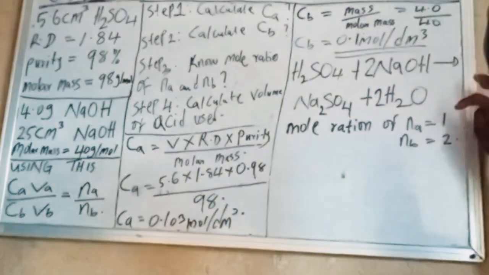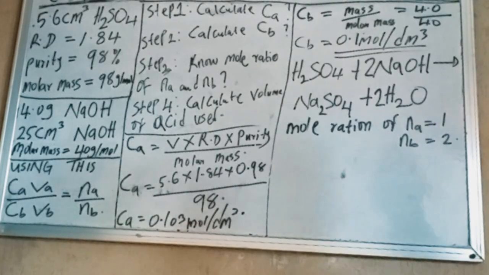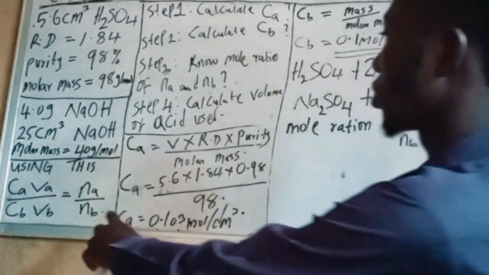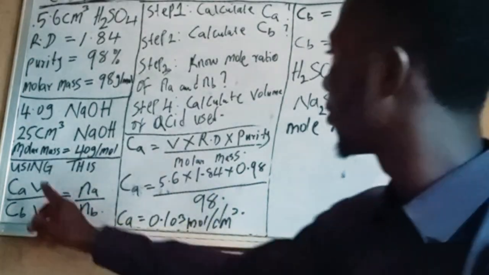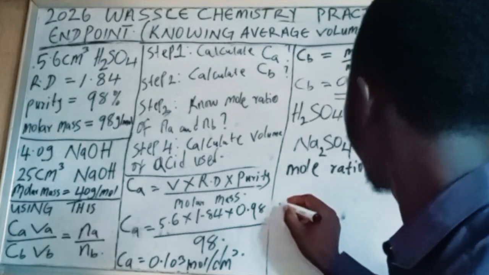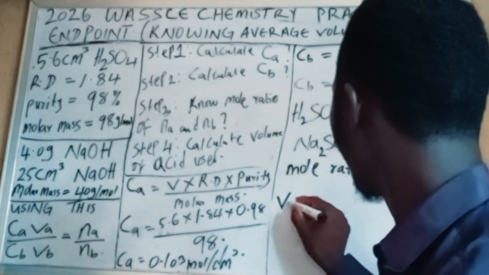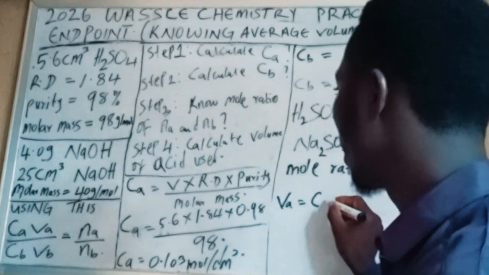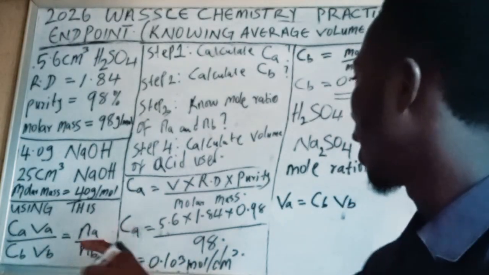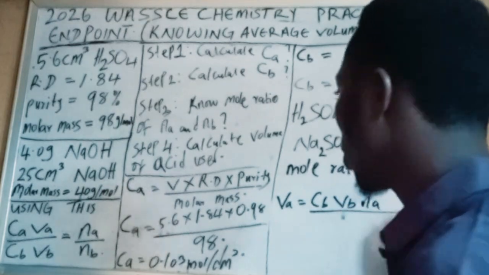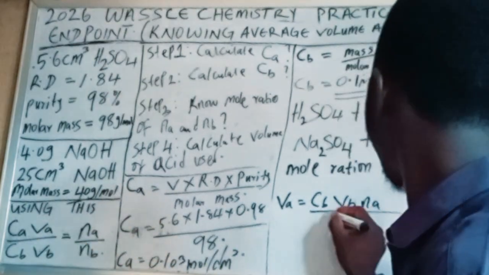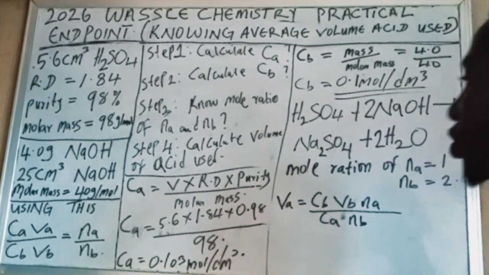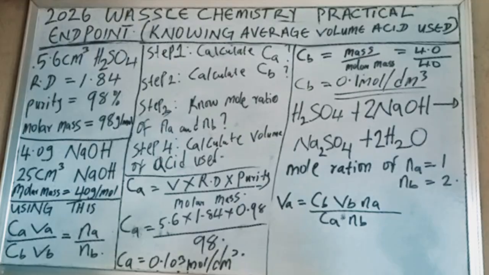So this is our NA and this is our NB. Now we are on the final step, where we are to calculate our VA. Let's make VA the subject of the formula. VA is equal to, by cross multiplying, CB VB NA all over CA NB. We substitute our values in this formula.